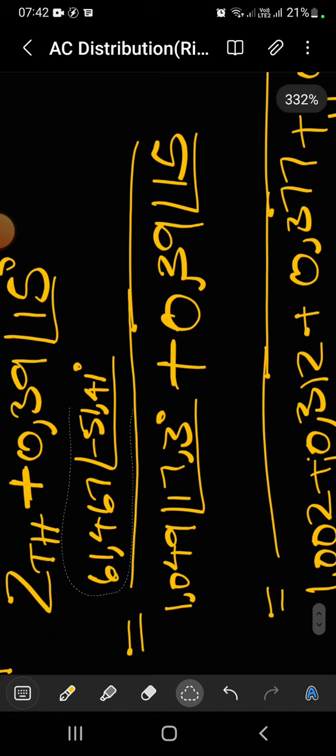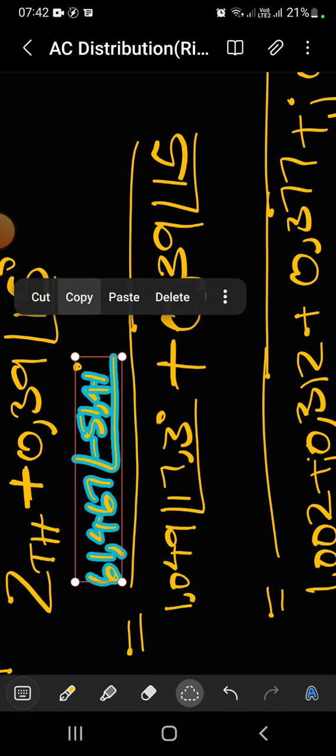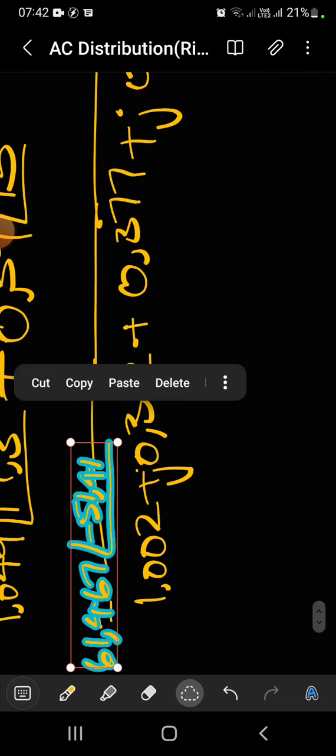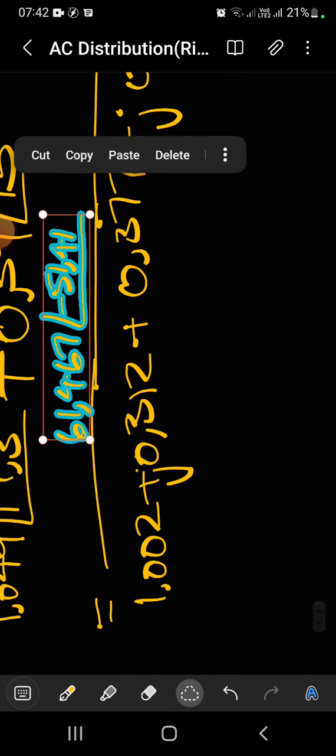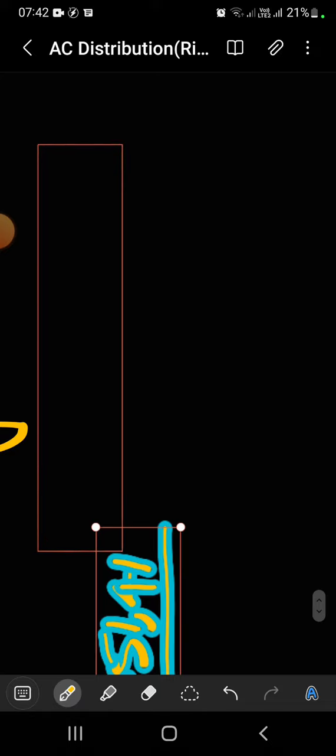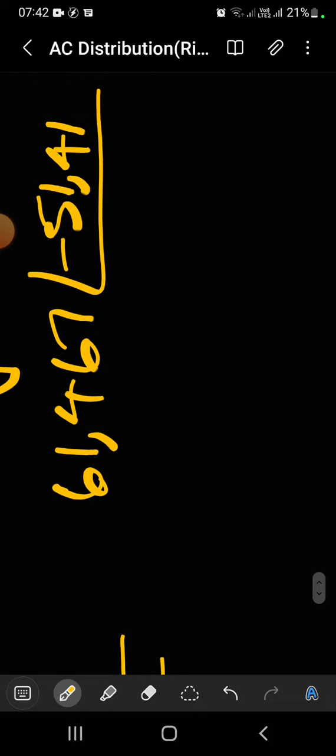Let me copy it. Cool. Just put it there, and then you have the equal sign. We're also going to put it somewhere there. Good. I'm going to have a line.